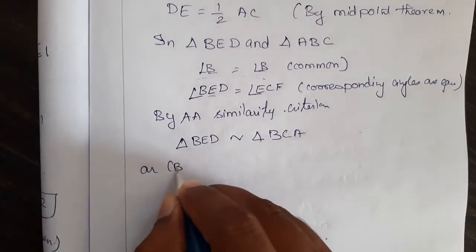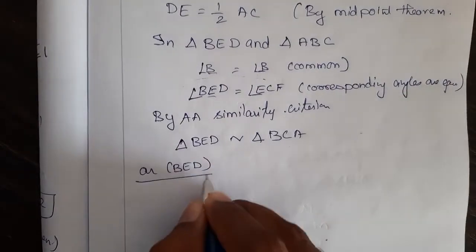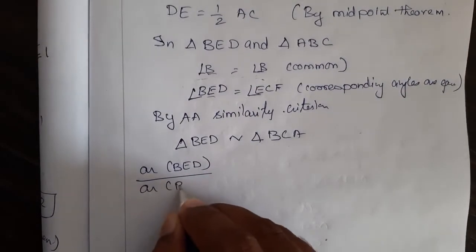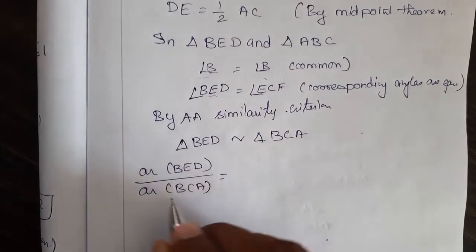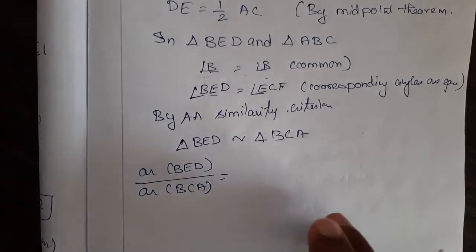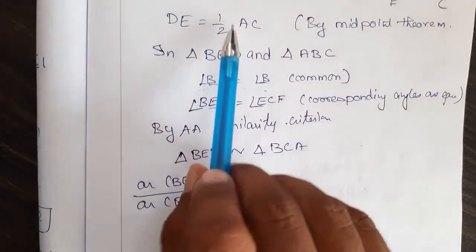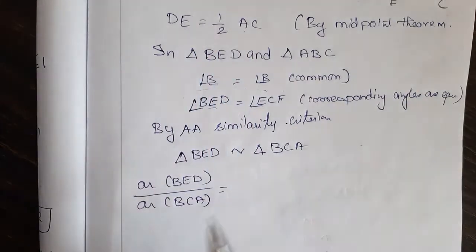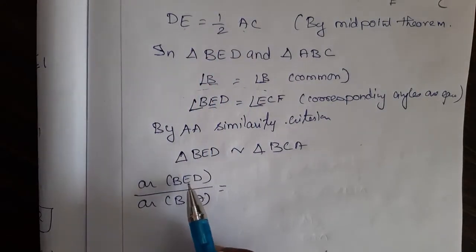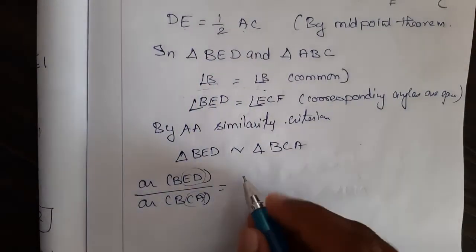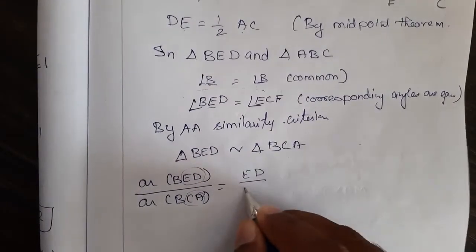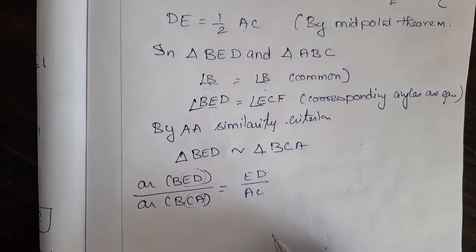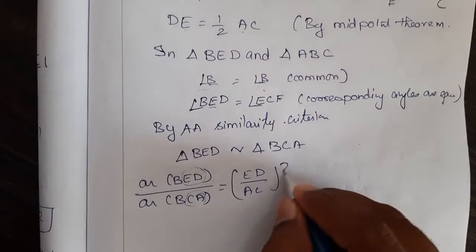So area of BED by area of BCA is equal to the ratio of sides, but we can choose the ratio which involves the sides AC and DE. This is DE and AC, right? So ED by AC, the whole square.